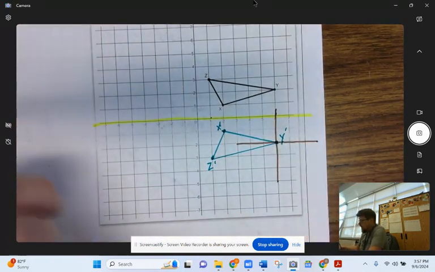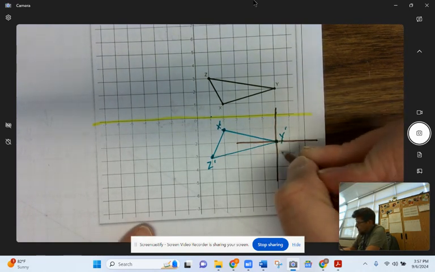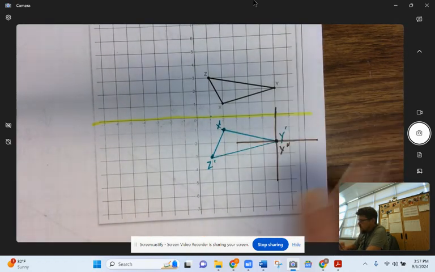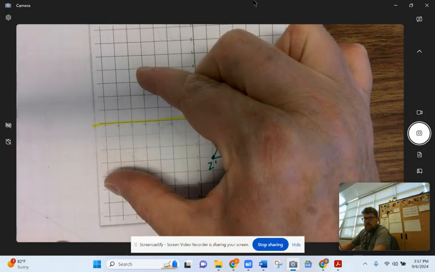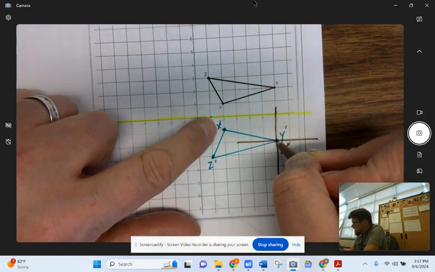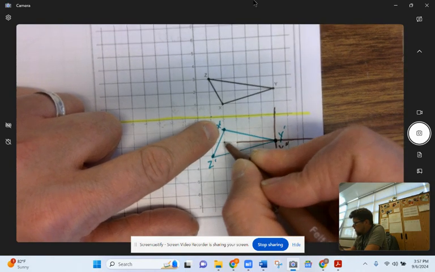Now, since y prime is the center, right, y double prime is not going to move. Y double prime, as we make it, is going to stay right there, and then these 2 points are going to move this way, okay? And so we can basically just compare the distance from y prime to x prime. It's 1, 2, 3, 4.